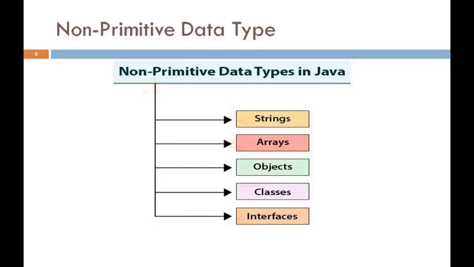An interface looks like a class, or we can say that it is like a class which has methods and variables. But the methods declared in the interface are by default abstract. We use an interface in Java for implementing multiple inheritance. We will discuss this topic in detail in a later chapter.